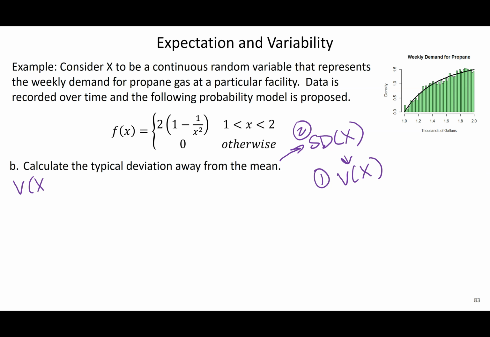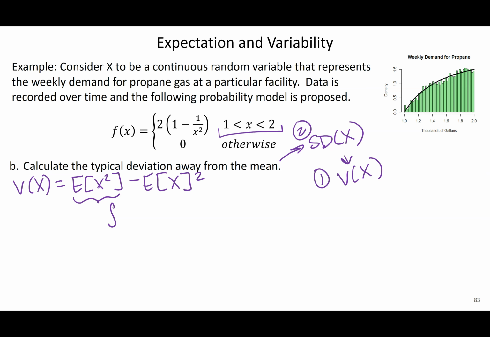So just remember the variance of X is going to be the expected value of X squared minus the expected value of X, which we just calculated, and then that squared. So we're going to have to do a side quest again, find the expected value of X squared first.